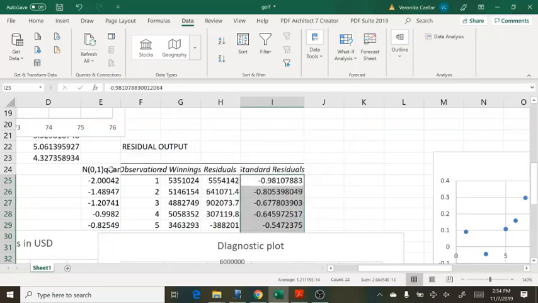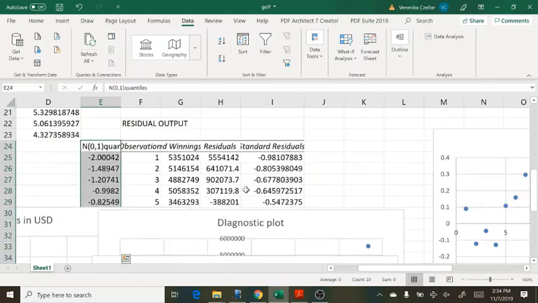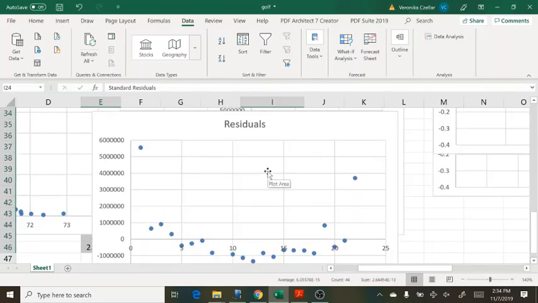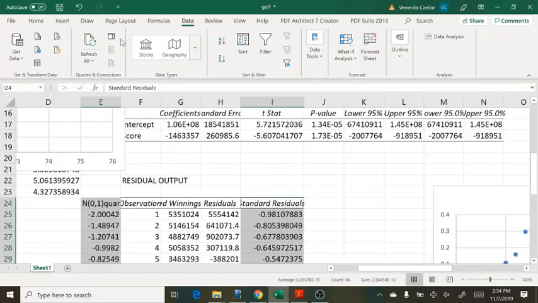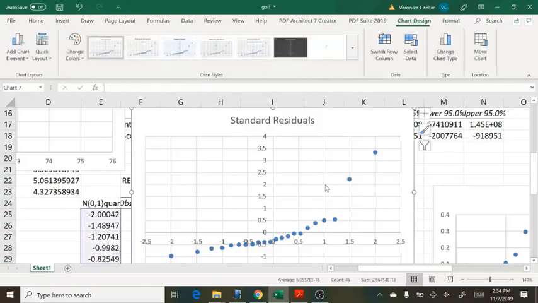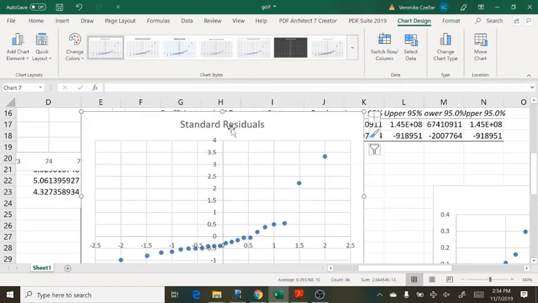And now I do a scatter plot of my standard normal quantiles and these are the sample quantiles of the standardized residuals. So here it is. This is my so-called QQ plot of standardized residuals.